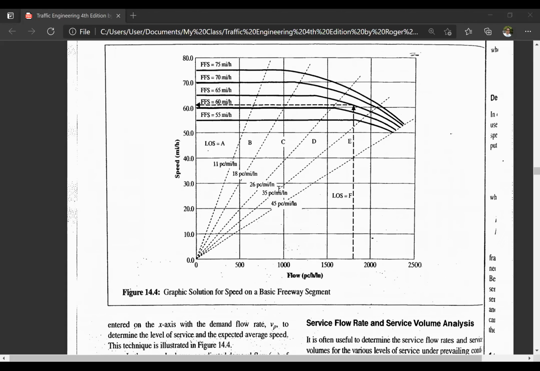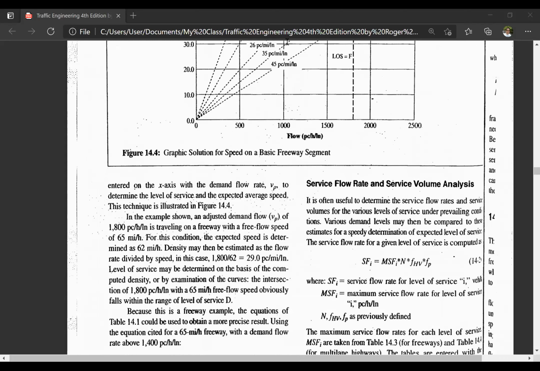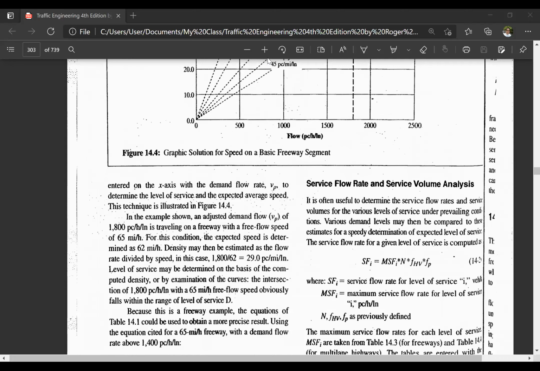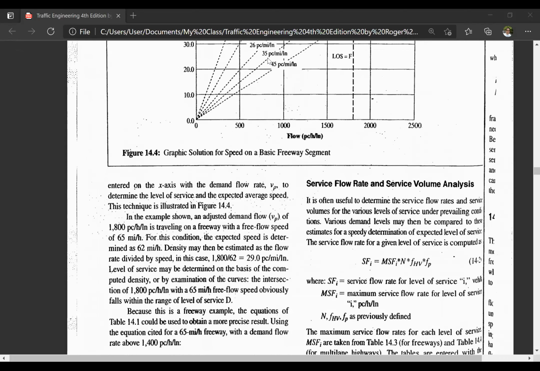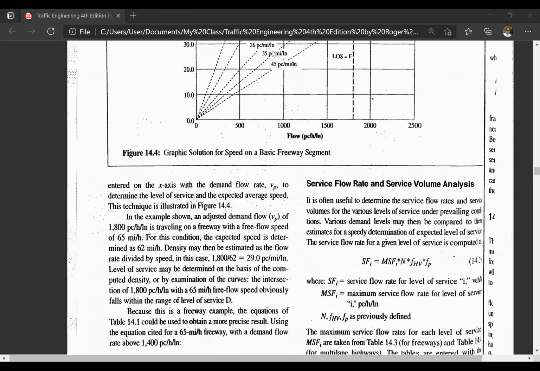So it's not beyond 35 passenger cars per mile per lane, so it falls into level of service D, right? This area. That is just an explanation of how you calculate the existing condition of the road, which is the first analysis.